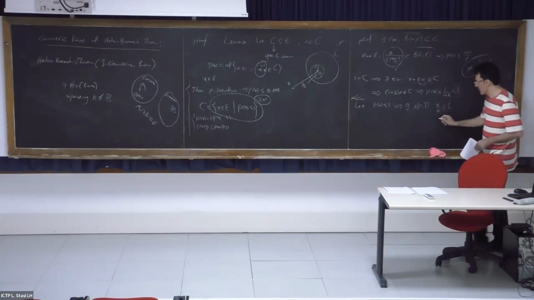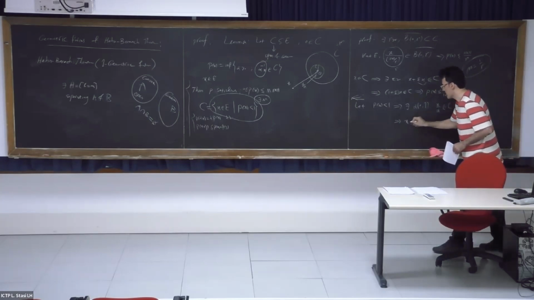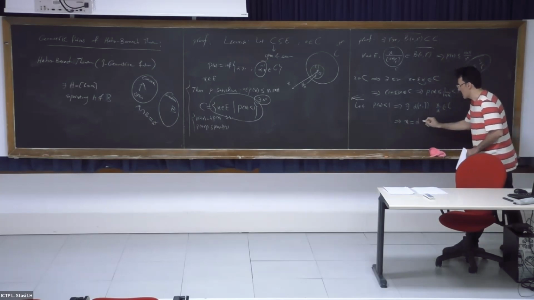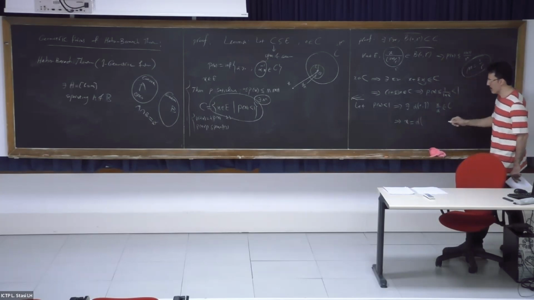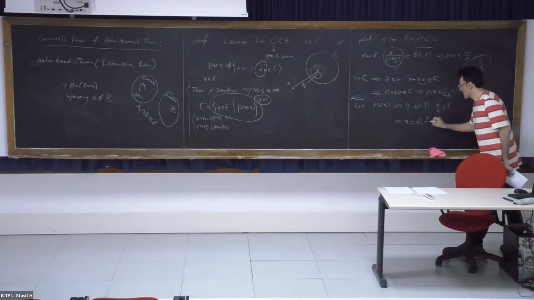And then for x, we may write this convex combination, x over alpha.